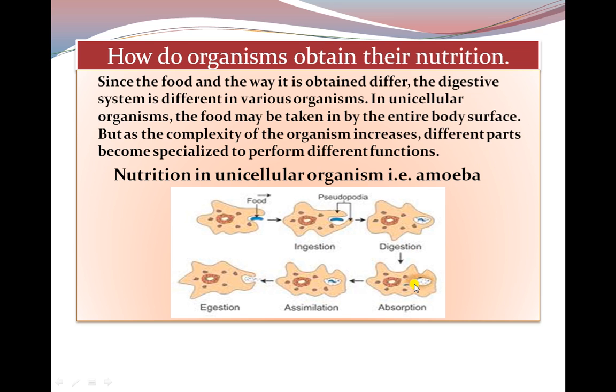In this part, the simpler form of food is diffused into the cytoplasm. It is absorbed in the cytoplasm by a simple process, that is diffusion, and this process is known as absorption.